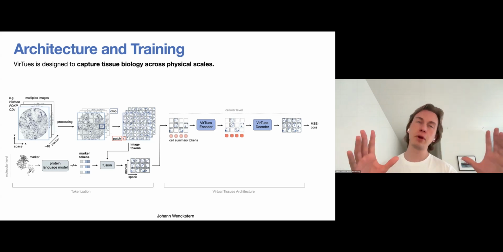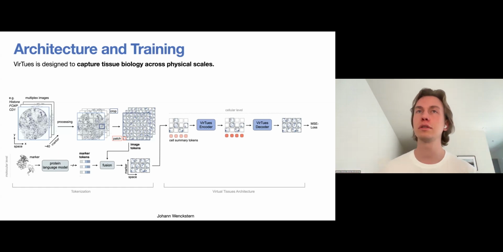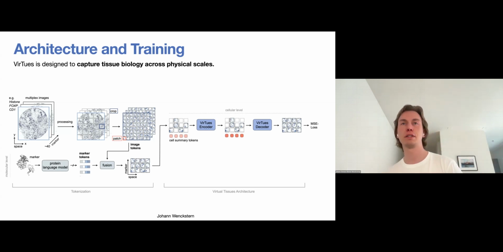Okay, so next step, we have now this sequence of tokens, where we can identify the channel it originates from. This is our base set as an input. To this set, we concatenate one additional channel of what we call cell summary tokens. This is one token for each spatial position, like an extra channel, initialized with learnable weights.